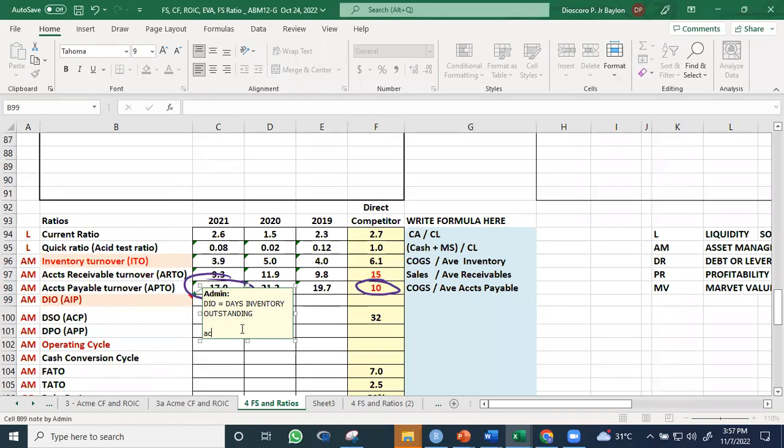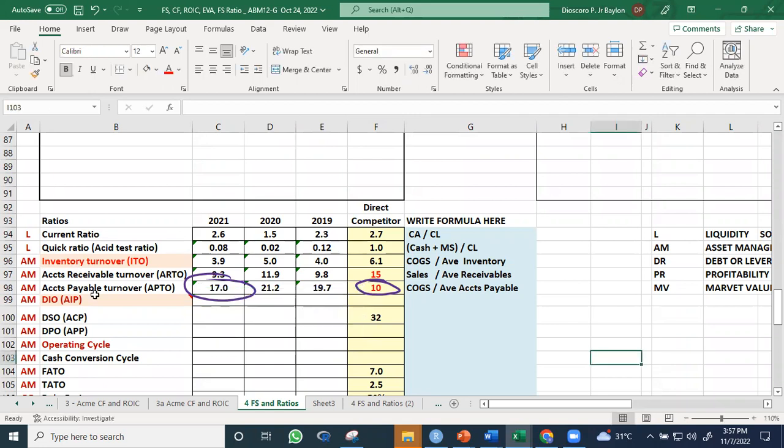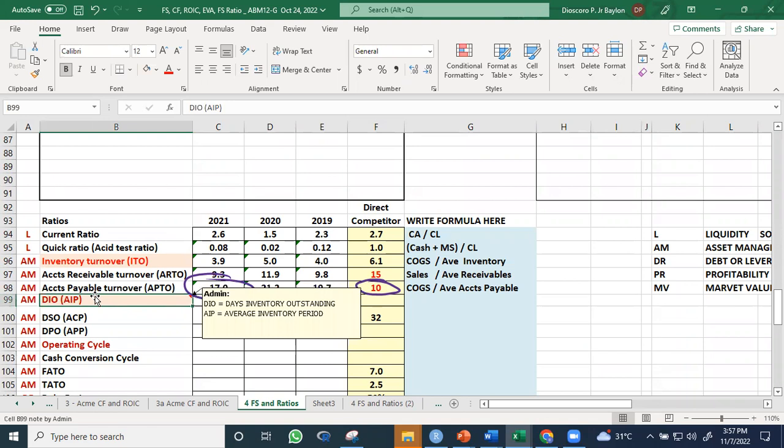Then AIP is equal to average inventory period. Okay. Yan, no? So that's the meaning of DIO, days inventory outstanding, and AIP, average inventory period.